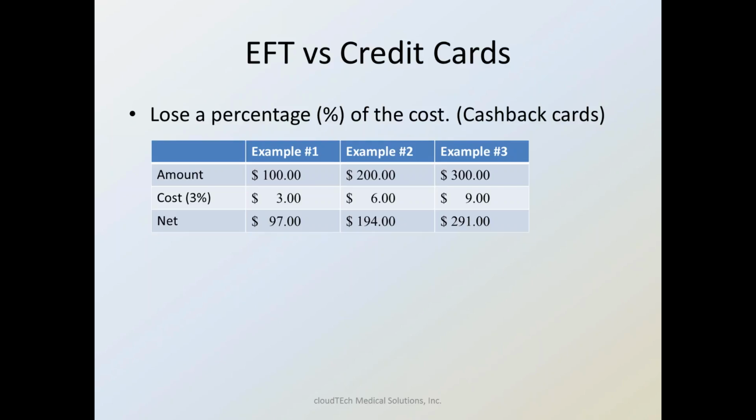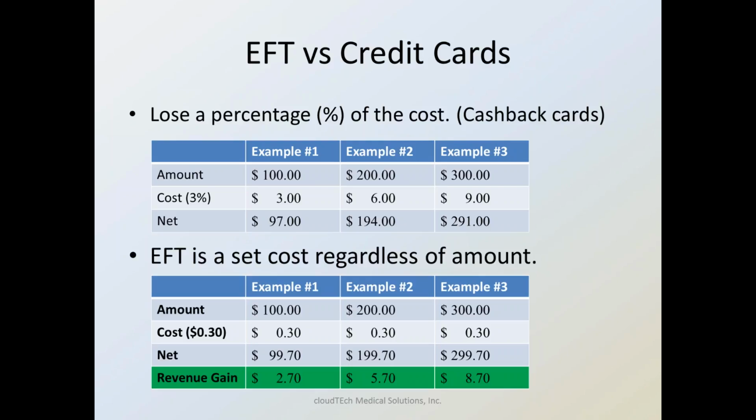So if we average that out at about 3%, the cost on these values is $3, $6, and $9. So while the patient is paying $200, the credit card company is going to take $6, and the net revenue to the practice is now $194, not $200.